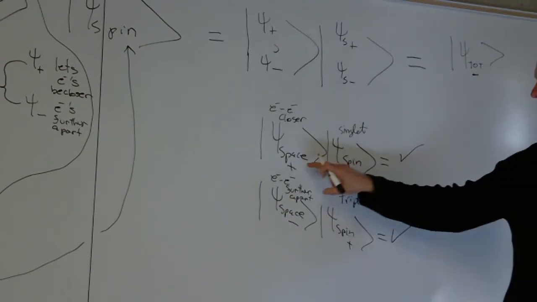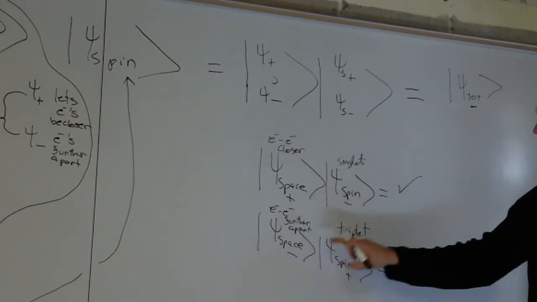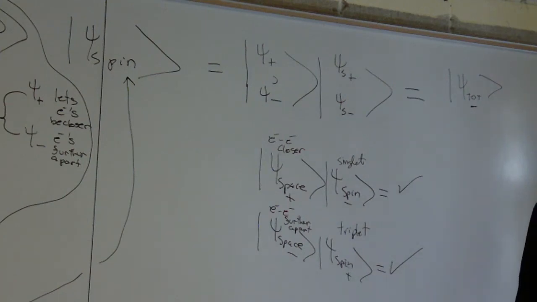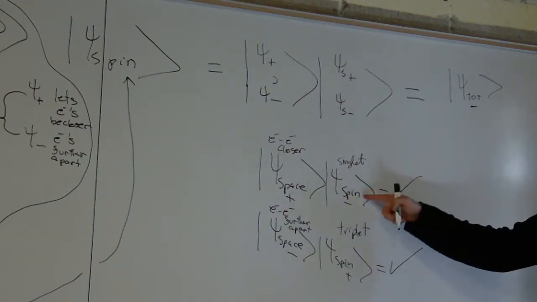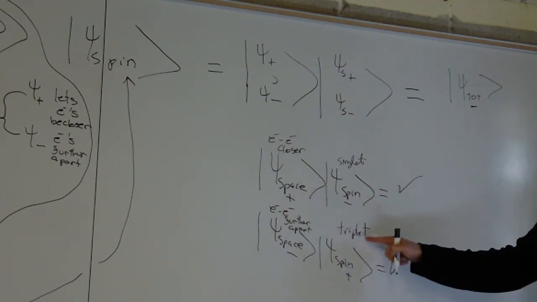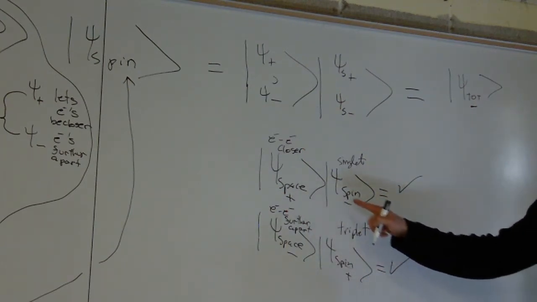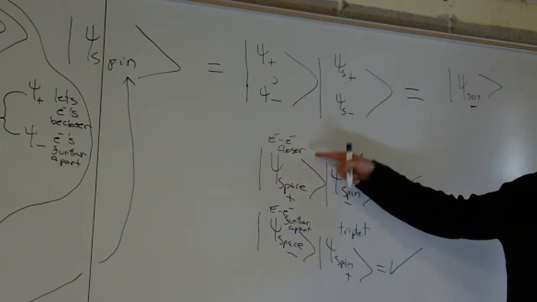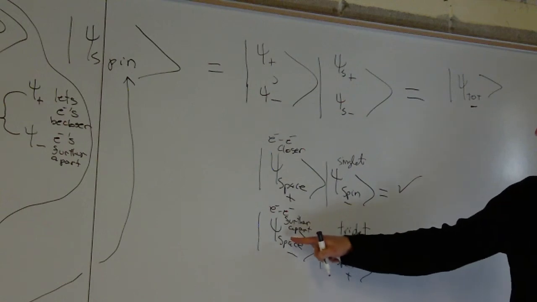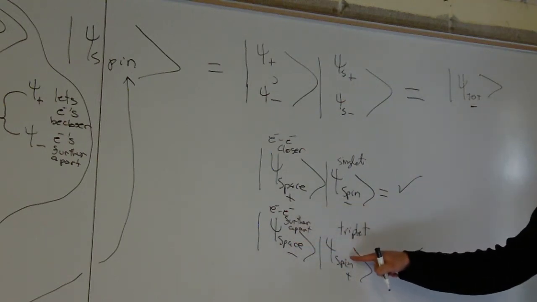So we made our antisymmetric wave function the way we did it, with symmetric space and antisymmetric spin, and antisymmetric space and symmetric spin. We now know that the antisymmetric spin is a singlet, the symmetric spin is a triplet. Then we use 5.22 to show that the electrons are closer together in this wave function, and the electrons are further apart in this wave function.